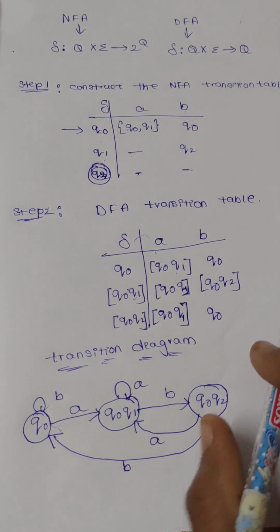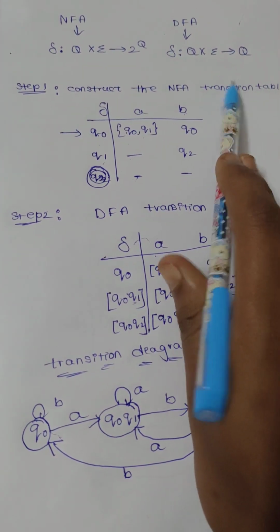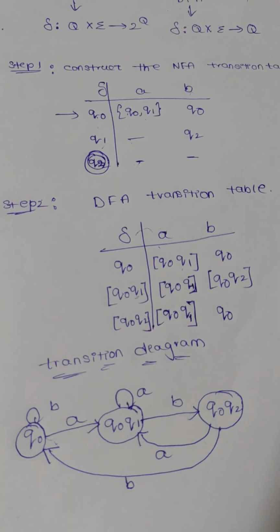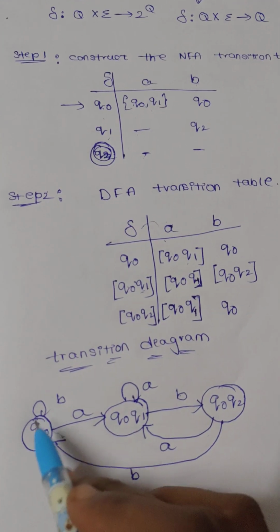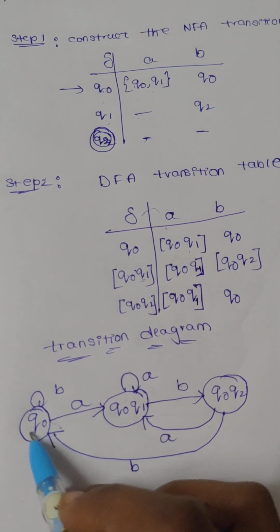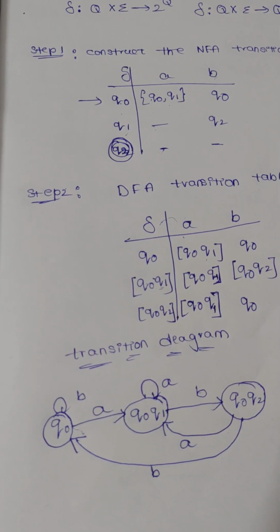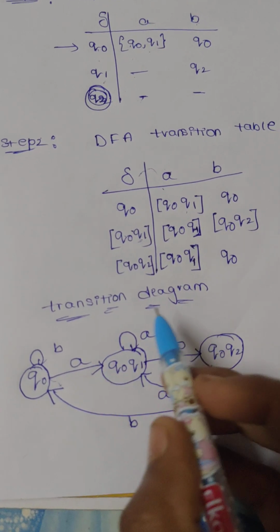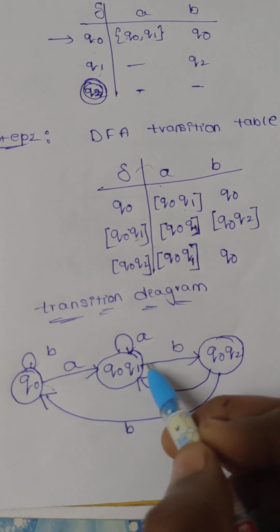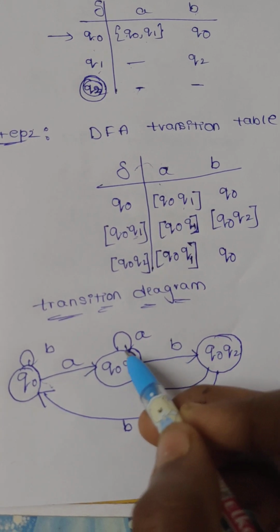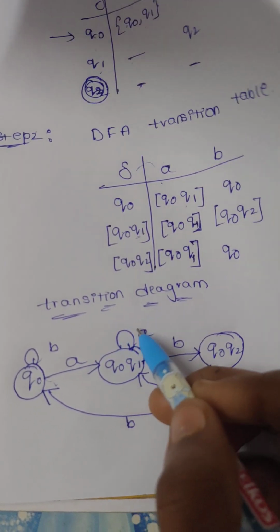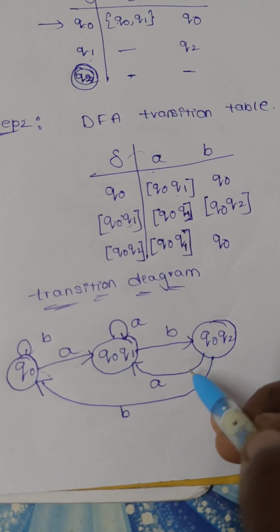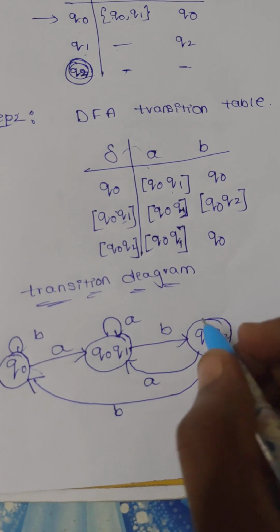Obviously, this is the DFA transition diagram. The DFA transition diagram contains only one path. Q0 on A goes to only one state, Q0 Q1 on B goes to only one state, Q0 Q1 on A goes to only one state, and Q0 Q2 on A goes to only one state.